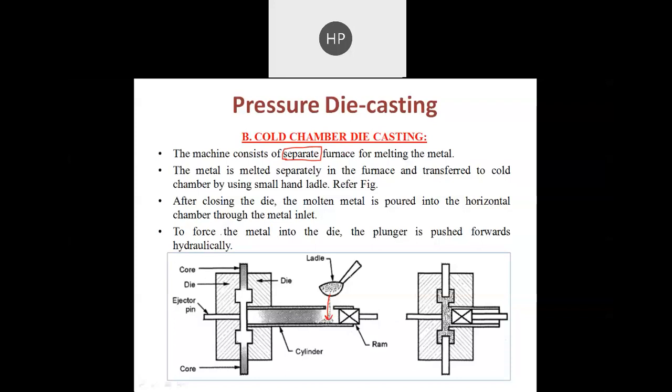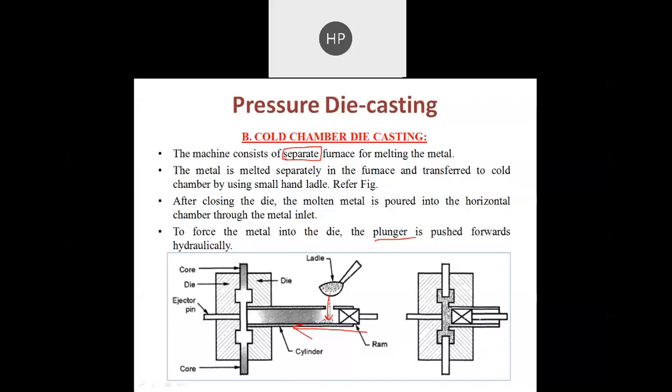And then to force the metal into the die. Now this is the die, and we want to fill this die using the molten metal which is over here. So to force it, the plunger is pushed. This plunger or ram will be pushed inside the cylinder like this, and it will be pushed forward. The forward motion can be mechanical, hydraulic or pneumatic, that depends. So the plunger will move and the molten metal will be filled inside the hollow cavity.